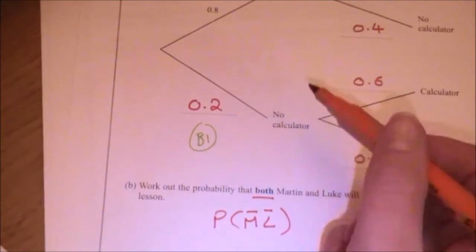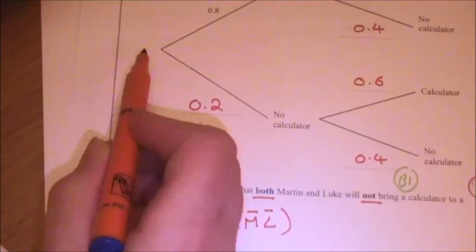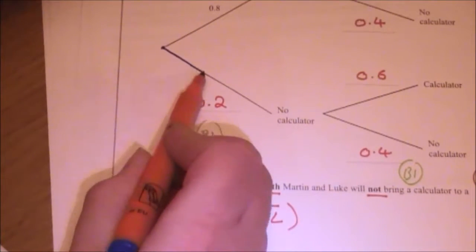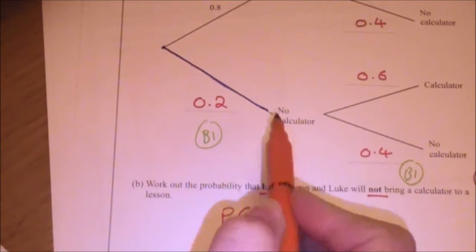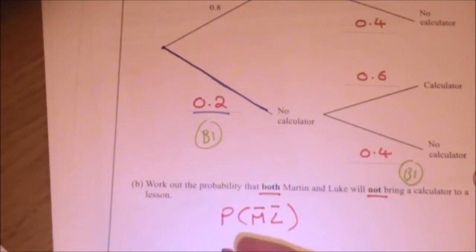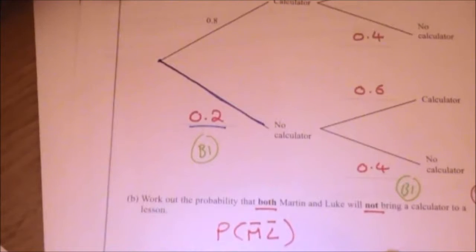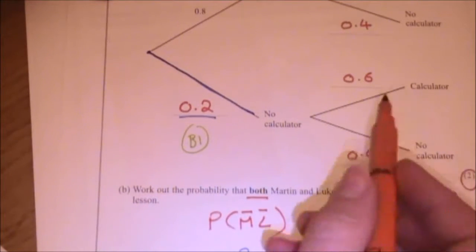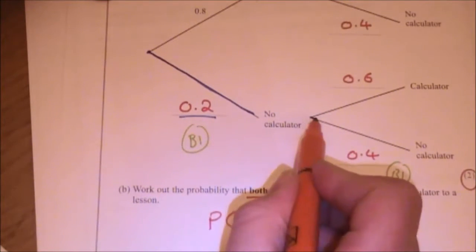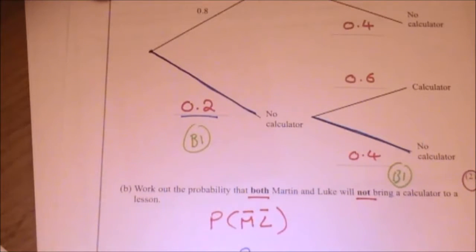So let's deal with Martin first, because we've got him. The probability of Martin not bringing a calculator is this root here, and that is equal to 0.2. Then I need to turn my attention to Luke, and the probability of him not bringing a calculator is 0.4.